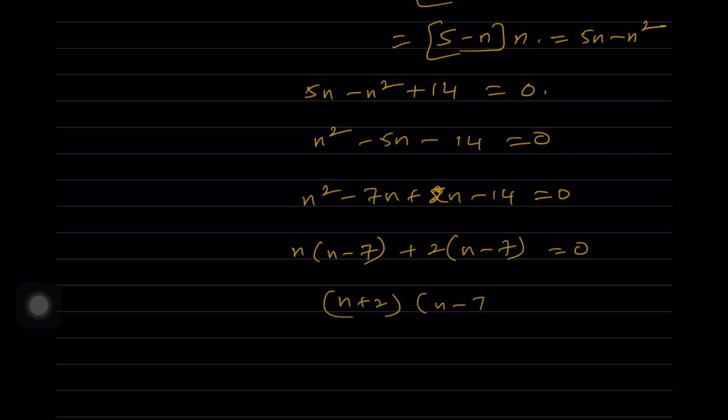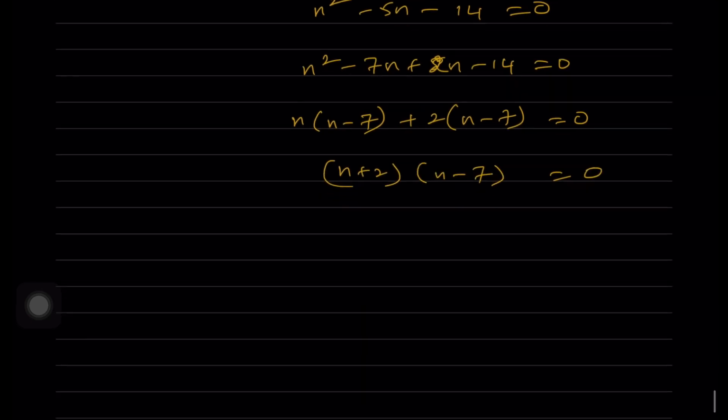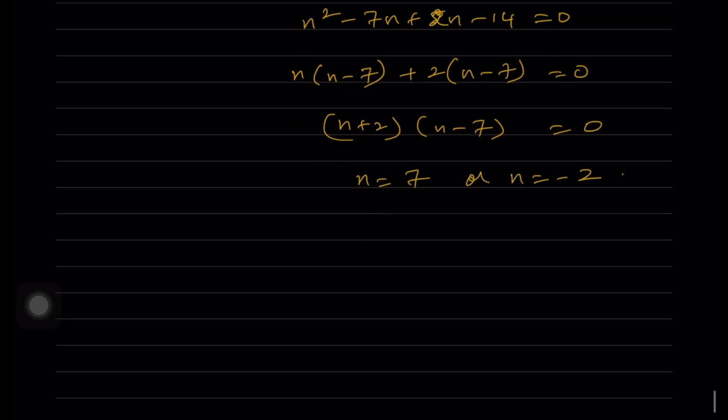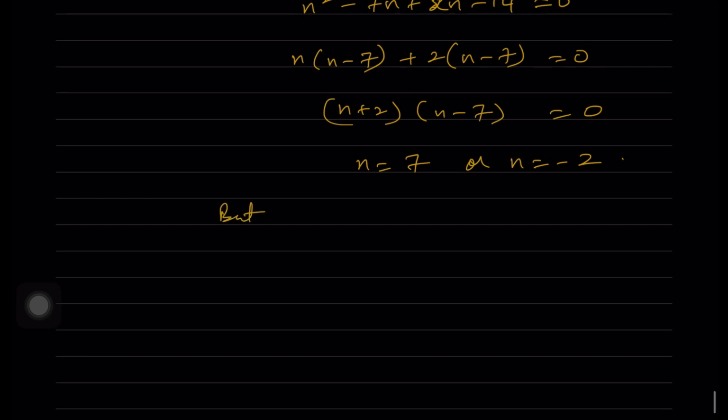Here you are getting it as n into n minus 7 plus 2 into n minus 7. So n plus 2 into n minus 7 is equal to 0. N is equal to 7 or n is equal to minus 2. But n cannot be negative, therefore n is equal to 7.